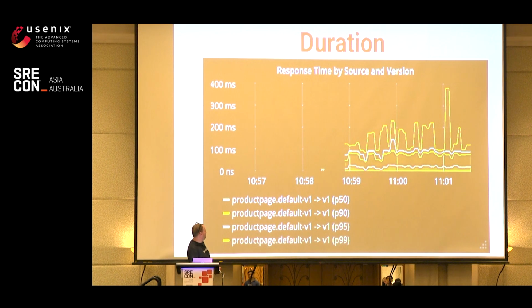And then there's duration. So here, the Istio default dashboard collects data via Prometheus. So it provides a set of percentiles, in this case the 50th, 90th, 95th, and 99th percentile, and graphs them.